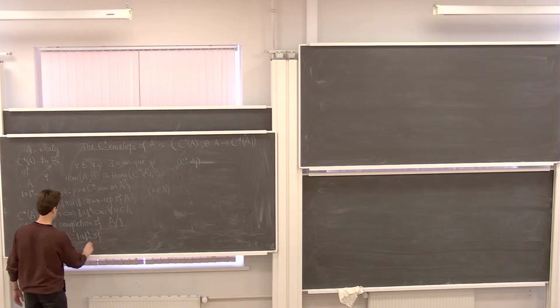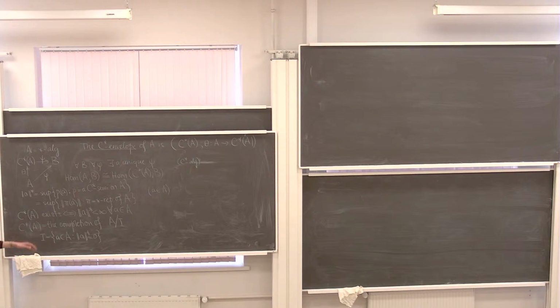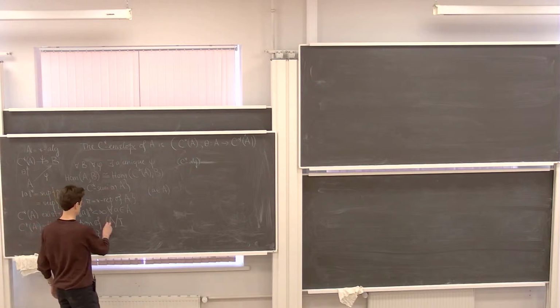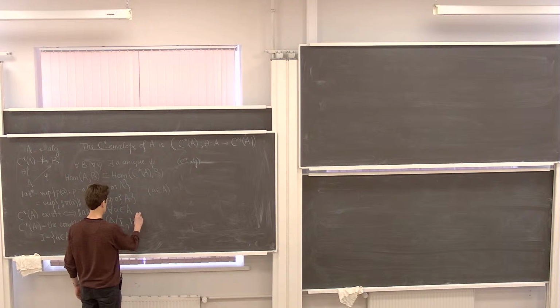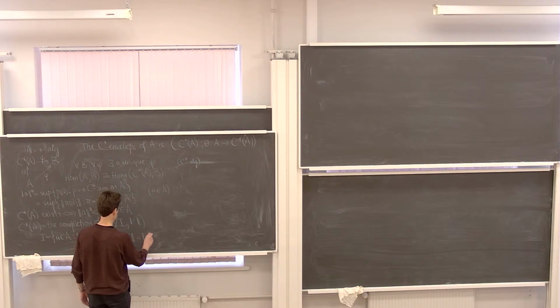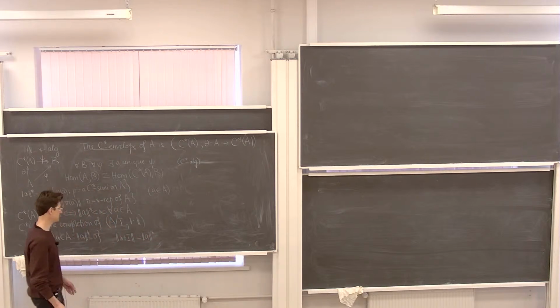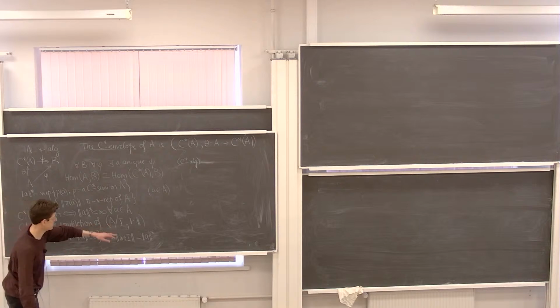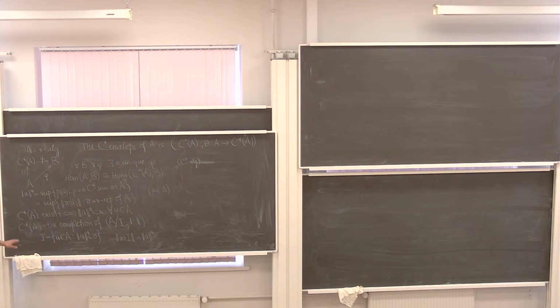This is a two-sided star ideal, so we take the quotient and we equip this quotient with a canonical norm. So the norm of the coset of a modulo I is just the seminorm of a. This is well defined and makes this quotient into a pre-C-star algebra. We take the completion and we get C-star of A. So we prove that this C-star algebra indeed has this universal property.